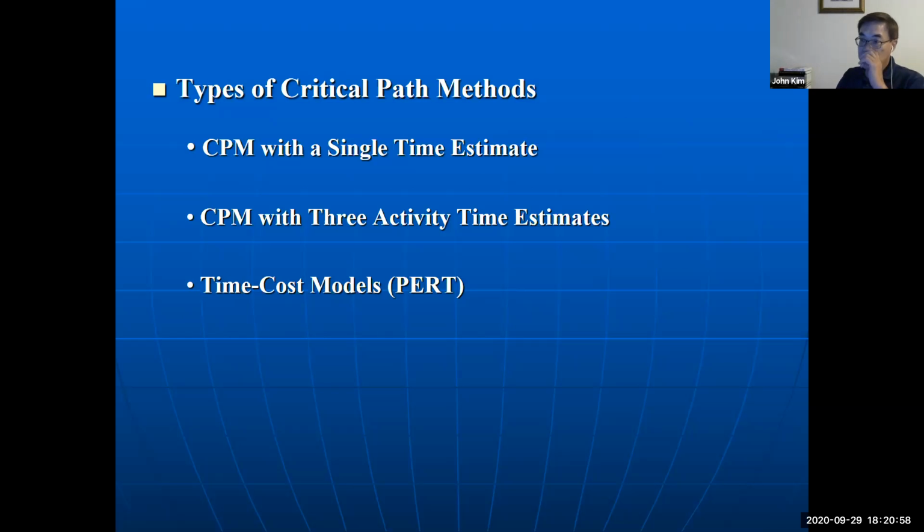So the types of the critical path method: single time estimate critical path method, three activity time estimate critical path method, and then time cost model of the critical path method. Time cost model, another name is PERT.